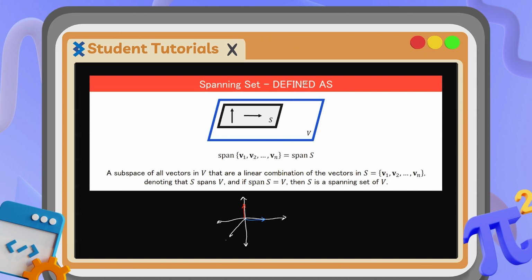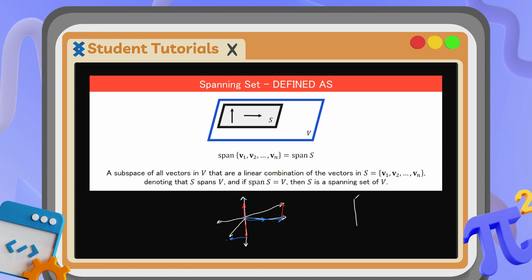To get to this vector, you can multiply a scalar to this vector and then add it to another vector multiplied by some scalar, which could get you to this vector. Additionally, you can also do this for another vector like here and add them like so. You can start with this one and then combine it with another vector like this one to get to this vector. So if you can create all the vectors in the 2D space, then it is considered to be a spanning set.